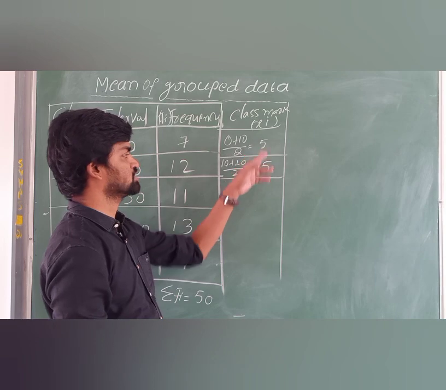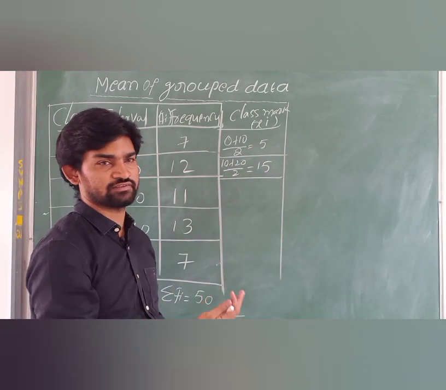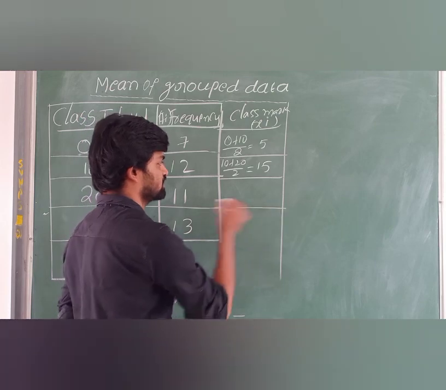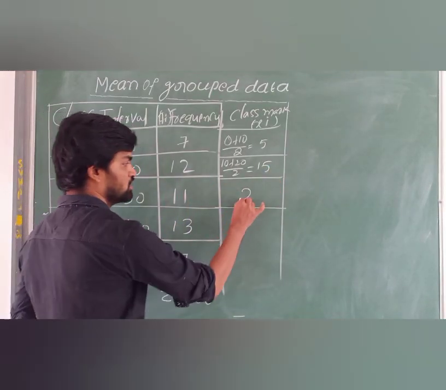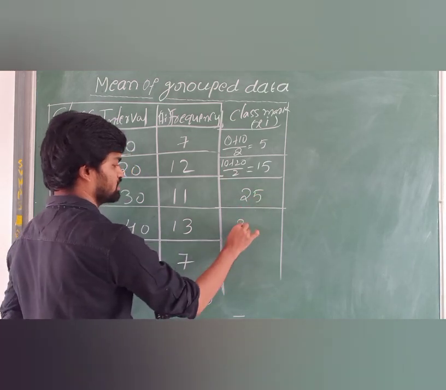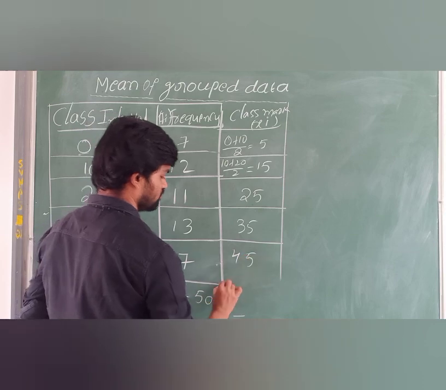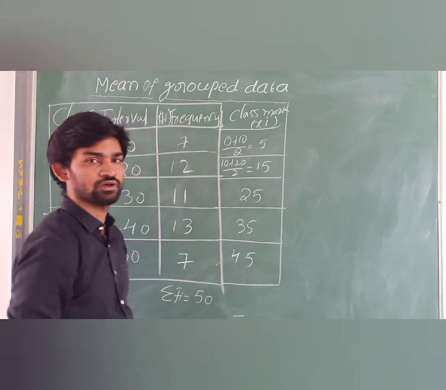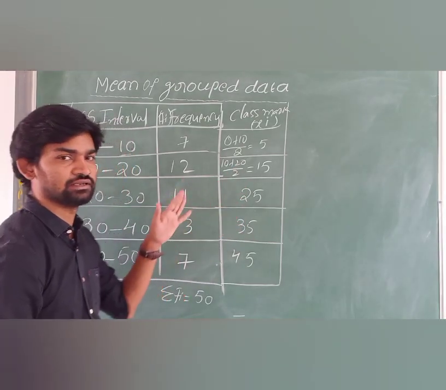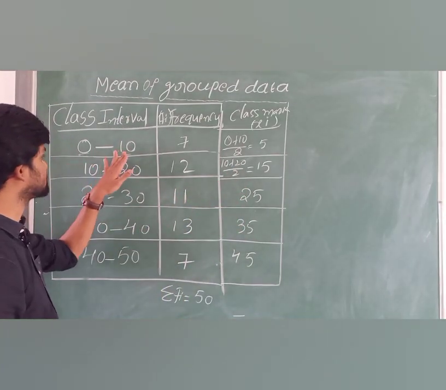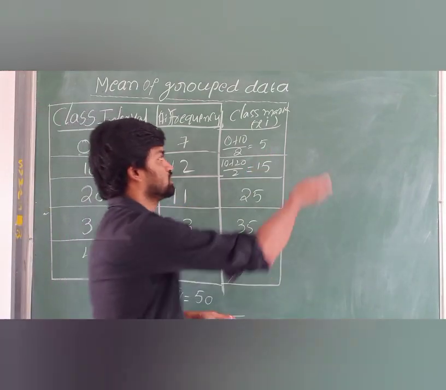Here also the gap is 10. So if you find the first one, then add the class interval to it: 15, next 15 plus 10 is 25, plus 10 is 35, plus 10 is 45. Hope you understood the class mark. Class mark is nothing but the middle value.